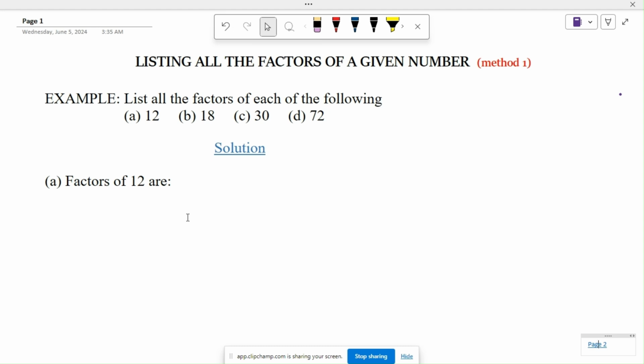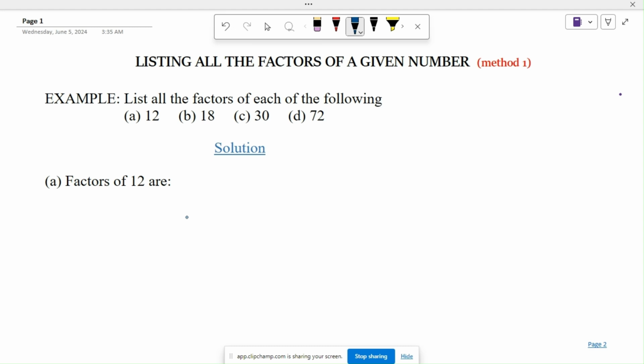In the next lesson, I'll be considering another method. So we want to list all the factors of 12 without leaving one out. We also intend listing all the factors of 18, all the factors of 30, and all the factors of 72. So let's begin with the first one.